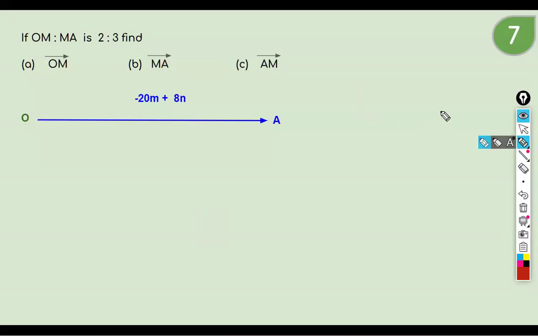So quick review on ratios. I know we did this a few weeks ago in the Monday class. If I have a line and I tell you this line is 200 kilometers long, and I want you to divide this in the ratio 4 to 1.